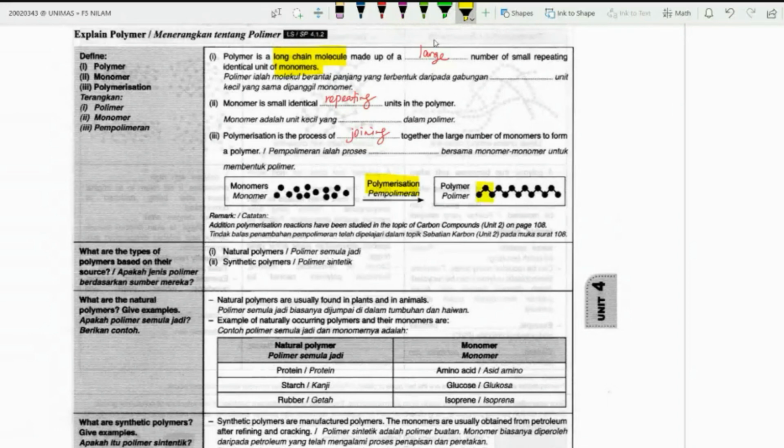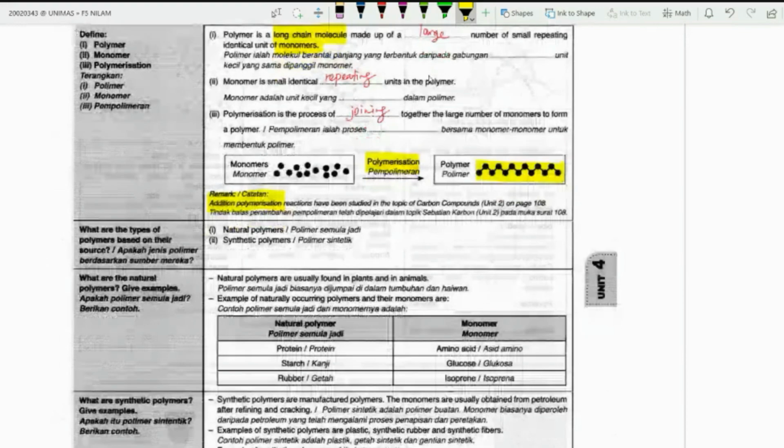They form a polymer like this. So this is called a polymer. Is that okay? The addition polymerization, we actually discussed in chapter 2 already, under alkenes. So far okay, class, the definition?